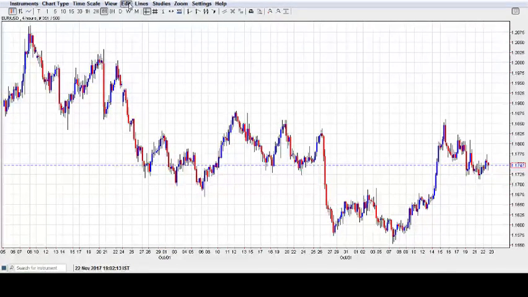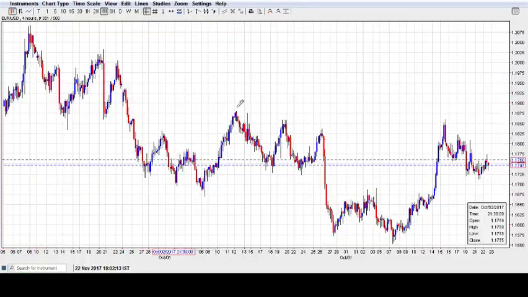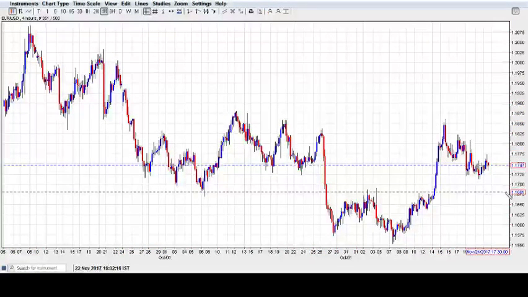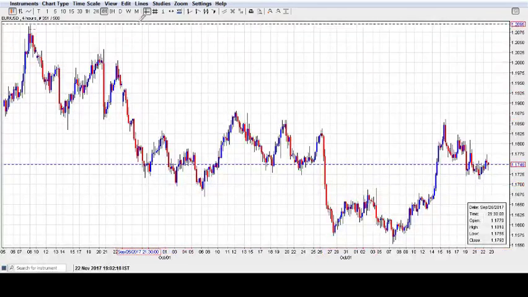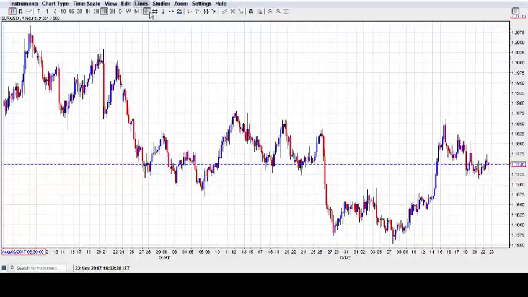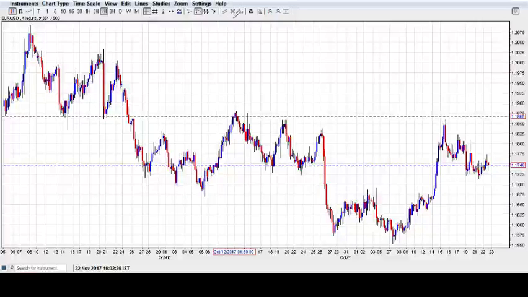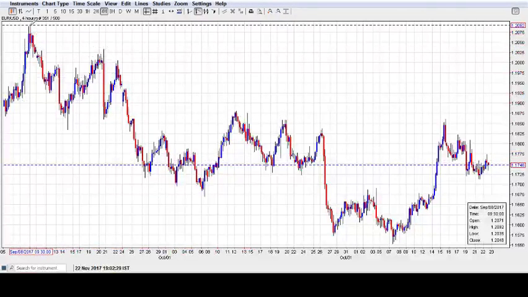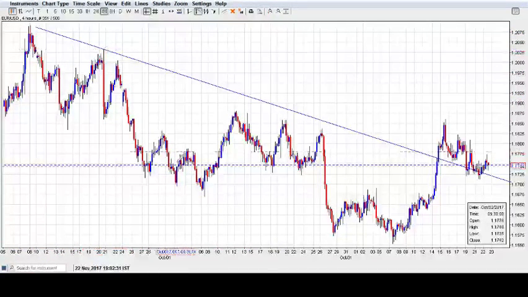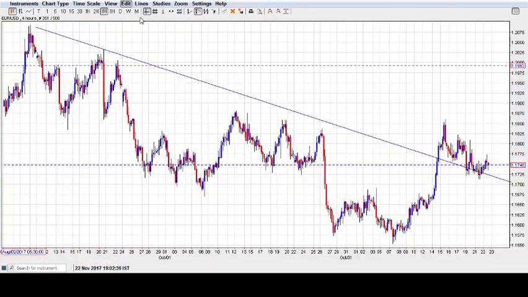All right, now what you're seeing is a 4-hour chart of Euro USD, and for a long time it has been forming a potential 5-wave structure.